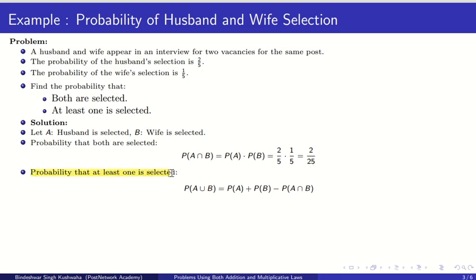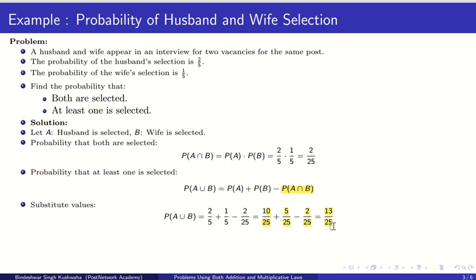Probability that at least one is selected. So P(A union B), at least one. So here just plug the values. P(A) is 10 upon 25, P(B) is 5 upon 25, and P(A intersection B) is 2 upon 25.